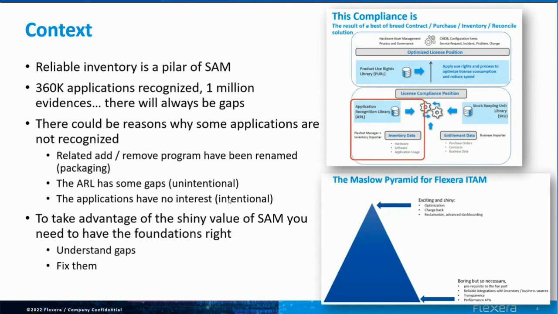And sometimes for some free applications, which I would say have a lower interest, we keep our focus on the more critical applications. So that's the reason why there could be unrecognized applications, but this is something we need to manage. Otherwise, you can't trust the compliance activity or the license position that you produce.